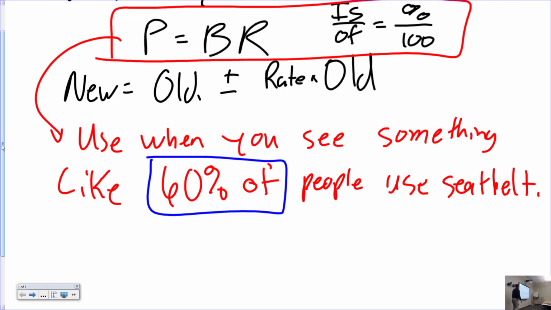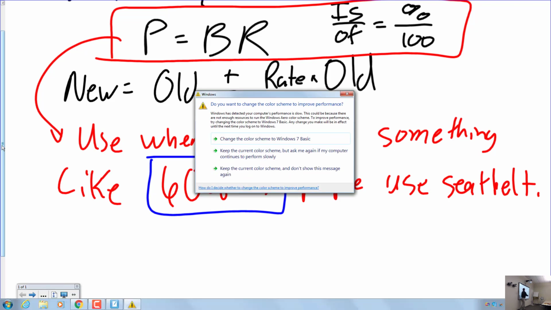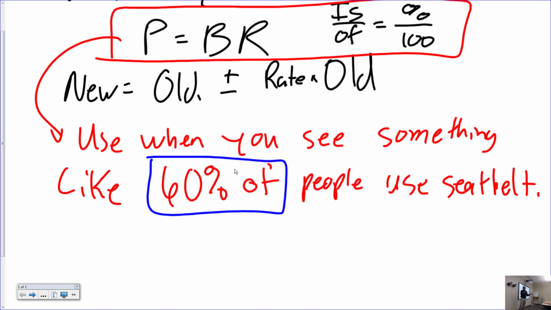When you read the problem, if the percentage is immediately followed by the word of, this is usually a straight percentage problem. Usually. It's not 100% of the time, so don't automatically always do it. But that's one of those quick, easy things you can look at to say, hey, this is a percentage problem where I'm just going to do some sort of multiplication or division, no adding or subtracting, okay?